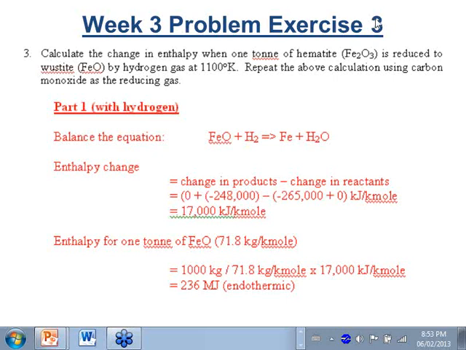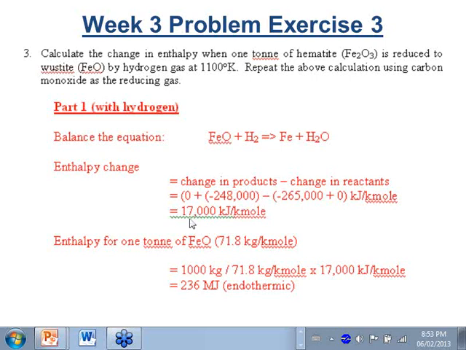For the products, because the enthalpy of iron is 0, it's 0 because it's a pure element, and the enthalpy of H2O is minus 248. And then you put in the enthalpies for FeO, which is minus 265,000, and the enthalpy of hydrogen is 0. So you just apply the table, Appendix 5 on page 32 of your courseware.